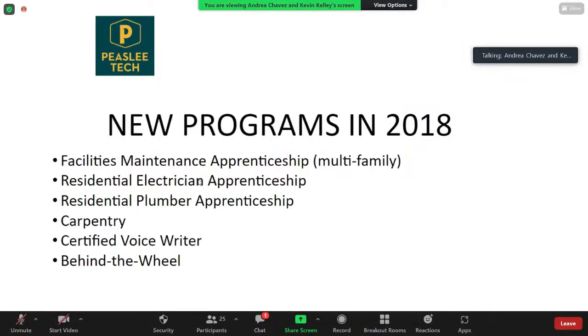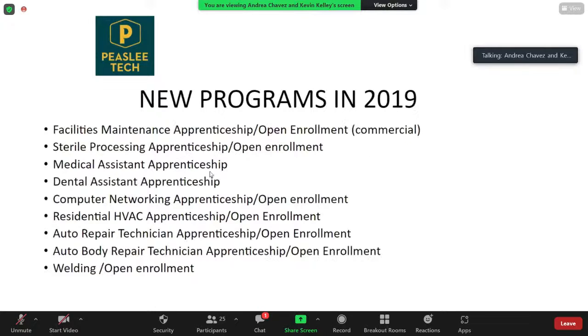You can see each year more and more programs. Apprenticeships began the next year and continue across several sectors. We provide support in manufacturing, healthcare, building trades, and transportation. Those are our main areas of support.